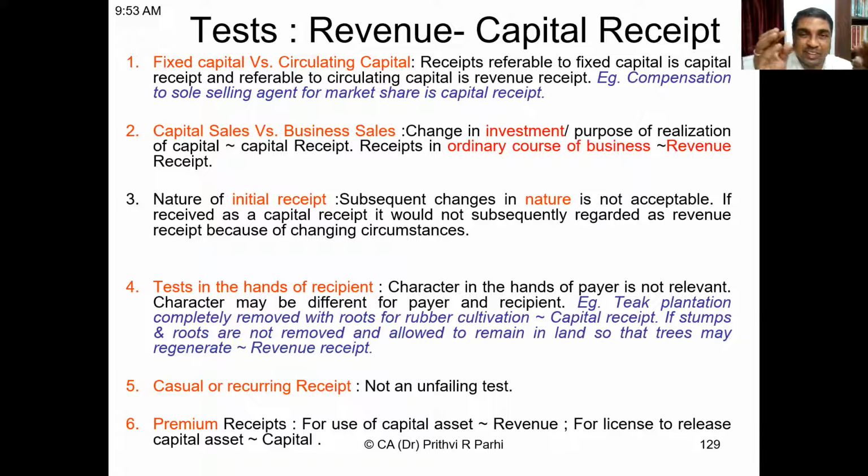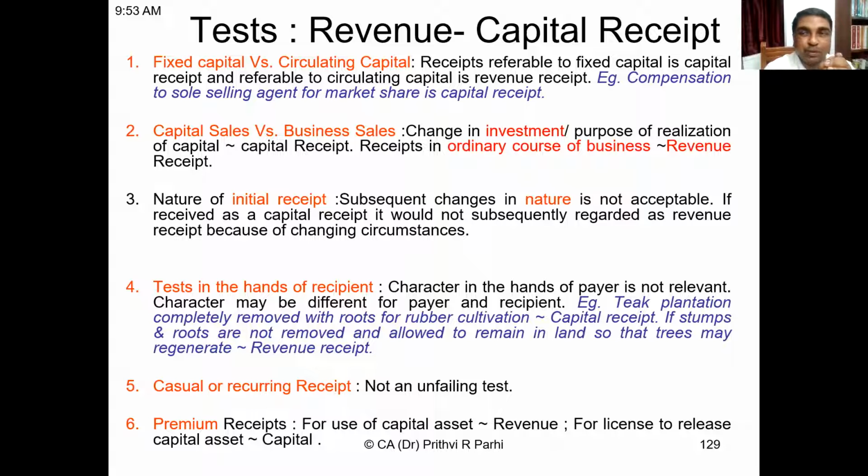That means if the receipt is related to some change in investment, for example, someone acquiring equity shares in a company, or someone providing a debt to the company, it changes the investment of the company. These receipts relate to investment, and the purpose of this investment is to realize something in return, not to realize the capital. So those things which are investment are capital.